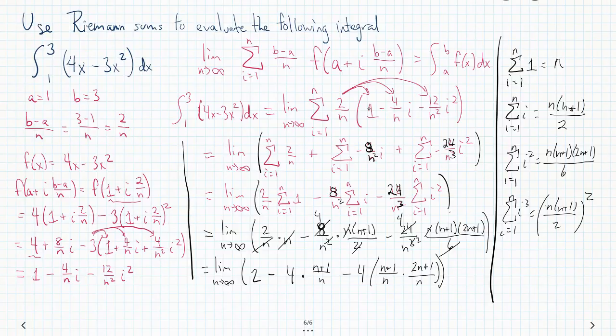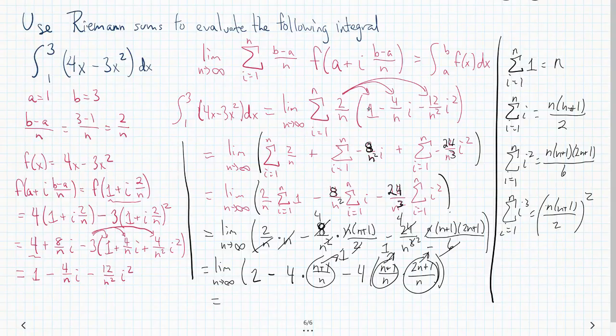Okay, so all this equals, well, notice this whole thing goes to 1. You can use L'Hopital's rule. This thing, same exact result, that's 1. This one is 2. So you get 2 minus 4 minus 8, so that should equal 10.